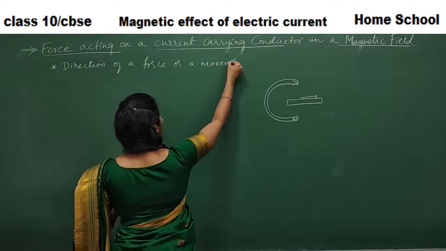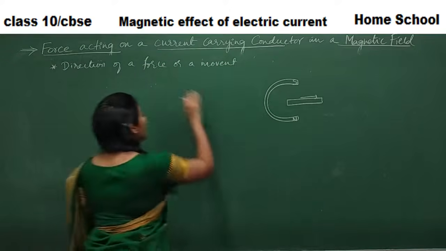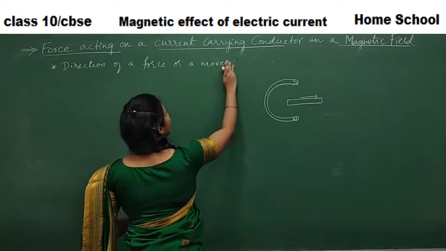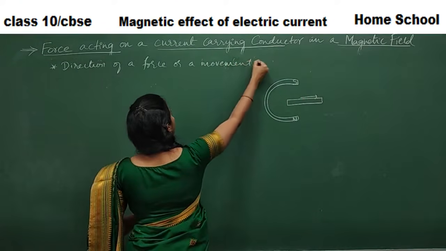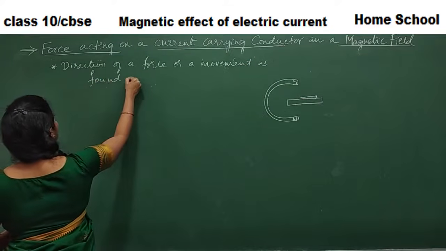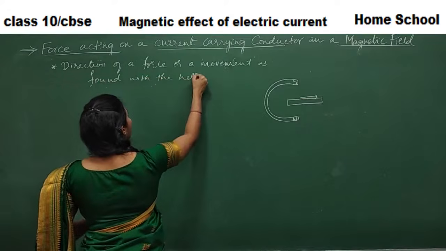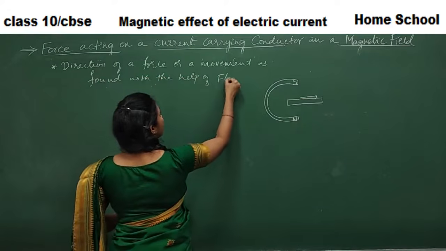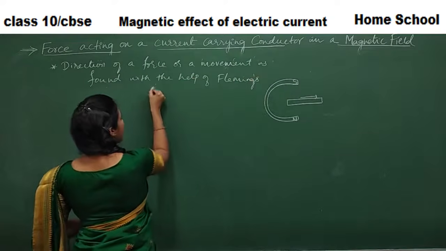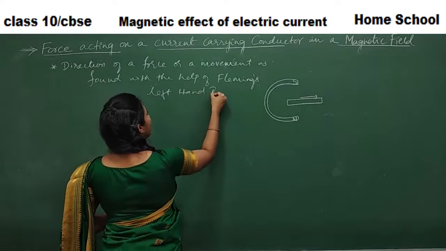Movement of what? Movement of conductor. Conductor is what moves, no? When force acts on it. So that direction of movement of a conductor is found with the help of Fleming's left hand rule. Fleming is the name of a scientist.